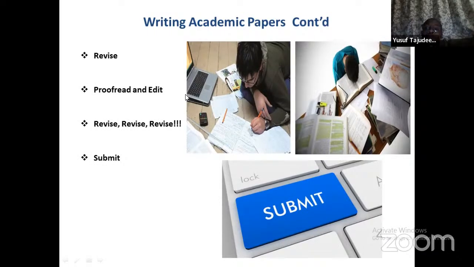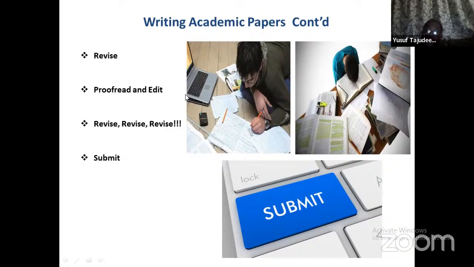So you need to revise and revise and revise. Send it to people in your field. Don't send it to people outside your field because that person may not have an idea of the information that you are passing. Send it to peers, colleagues, and even your supervisors to review for you.